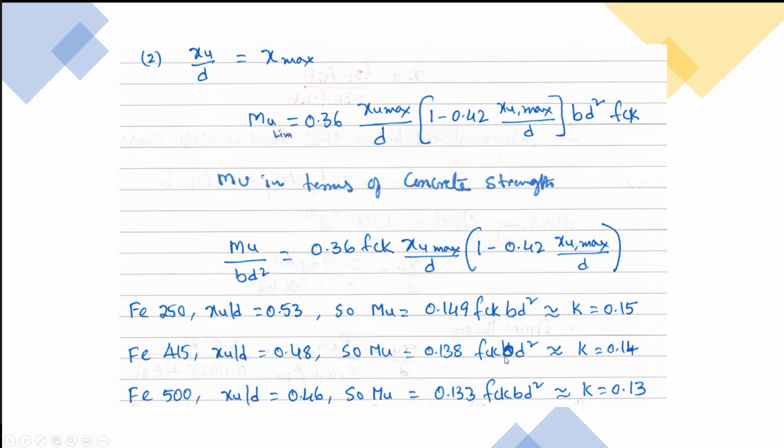With that, I get the moment carrying capacity of the reinforced concrete section. If the actual bending moment is less than this capacity, the section will be designed as a balanced section, and then the rebars will be calculated accordingly. If it is greater than the balanced section capacity, since over-reinforced sections are not a feasible solution, we go for doubly reinforced sections.